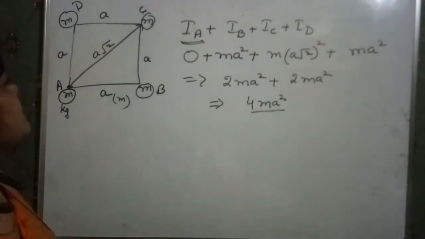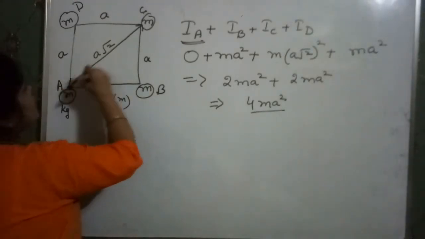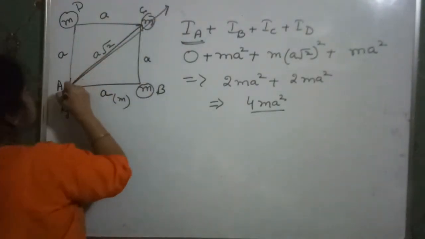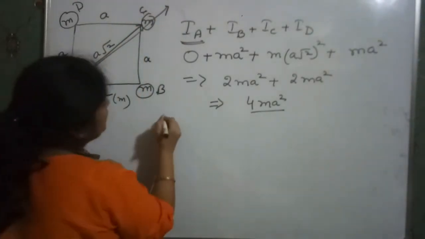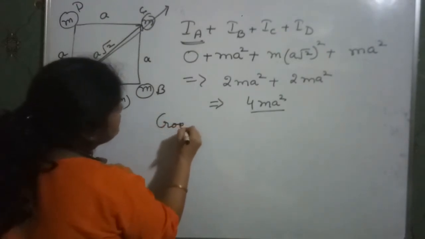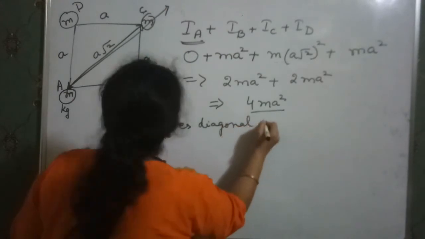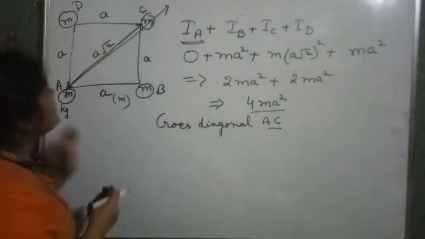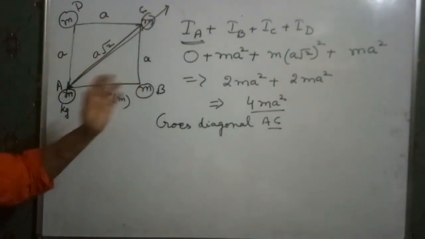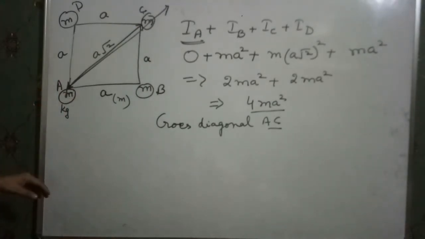Now if the axis of rotation goes along the diagonal, from A to C, the diagonal may be A to C, or the diagonal may be B to D. Then how will we find it?